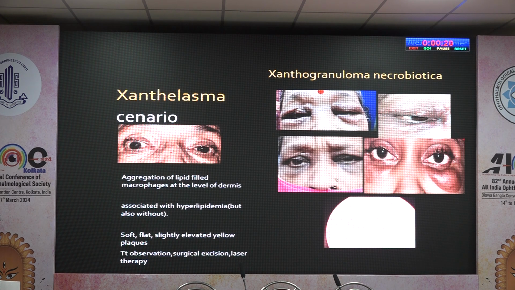That is actually my diagnosis, a case of necrobiotic xanthogranuloma. This patient, without any treatment, the lesion just reduced. No treatment. Necrobiotic is the malignant one.